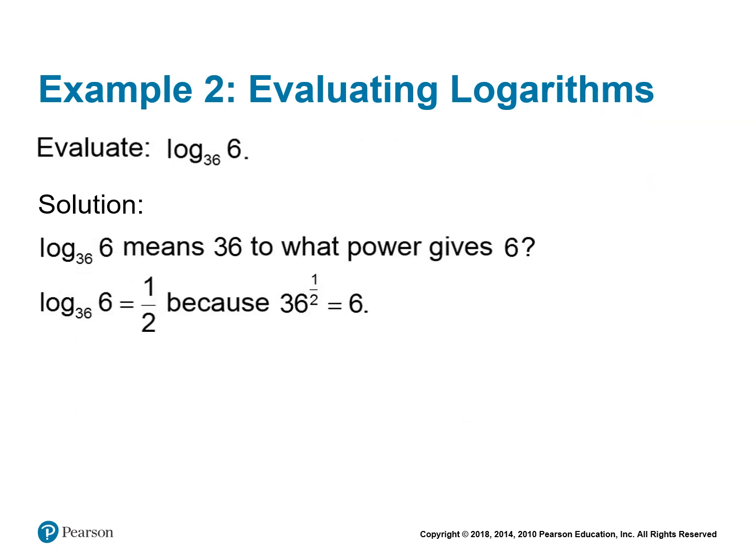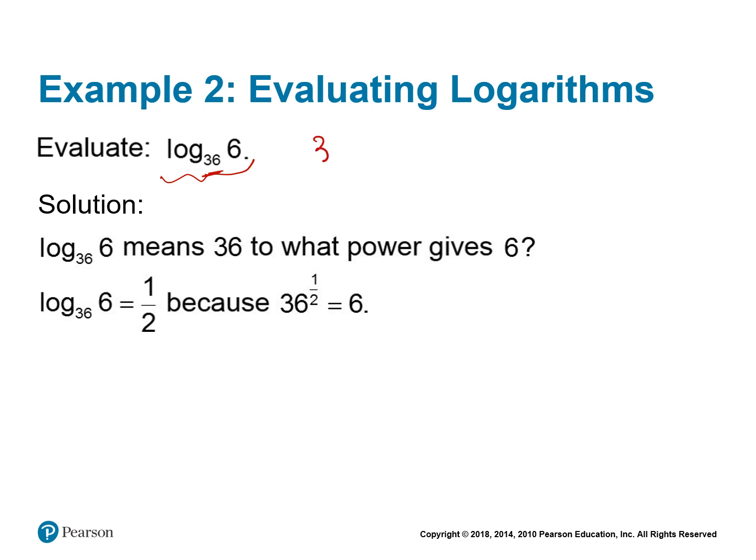Here is another example of evaluating logarithms. We are going to use the same process but apply a different exponential rule. All right, so the first step is to convert this logarithmic expression to an exponential expression. So here what we have, the base is 36, right?